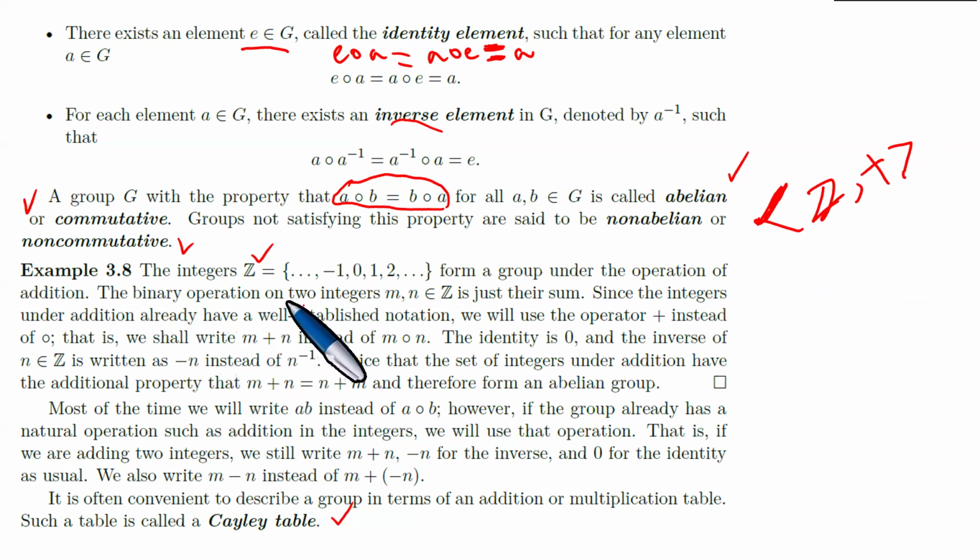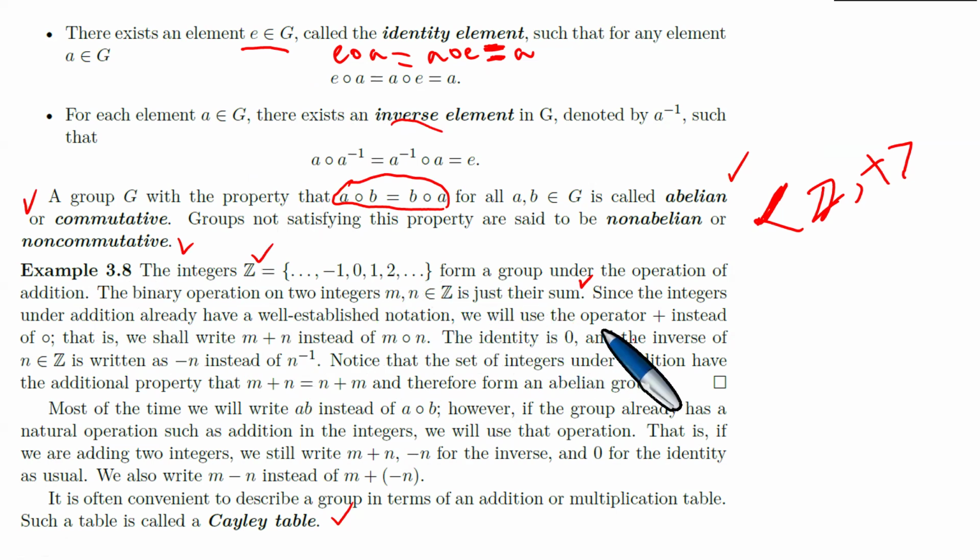The binary operation on two integers m, n is just their sum. Okay, so we continue. The integers Z form a group under the operation of addition. The binary operation on two integers m, n in Z is just their sum.